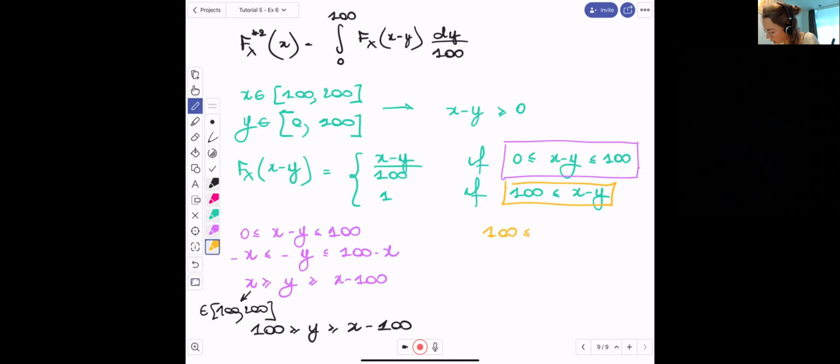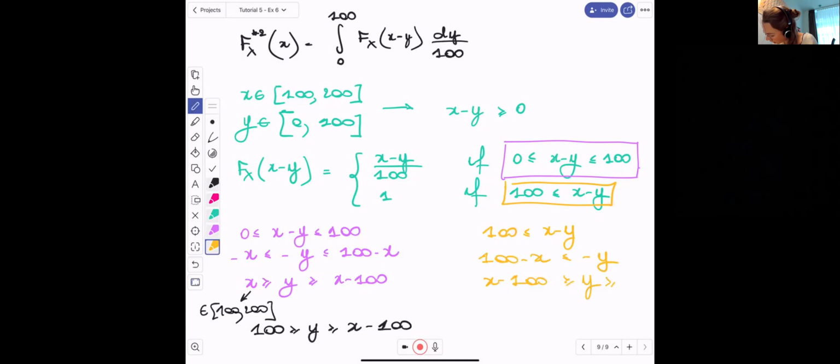Now, the other part: the cumulative distribution function is 1 if 100 is smaller than or equal to x minus y. So this is the case when, again, 100 minus x is smaller than or equal to minus y, or x minus 100 is larger than or equal to y, and we know that y is bounded from below by 0.